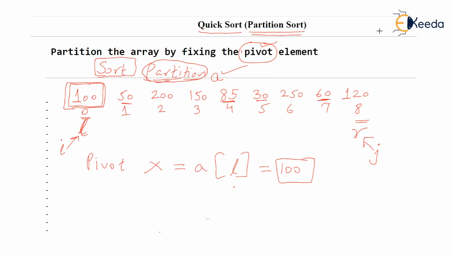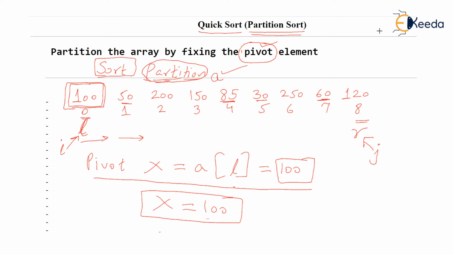Now we keep doing I plus plus, I plus plus, till we get the first value which is greater than X, greater than the pivot. Note that X in our example is 100, this is the pivot. So each value will be compared with X, and we will stop increasing I only when we get the first value which is greater than 100, greater than X.